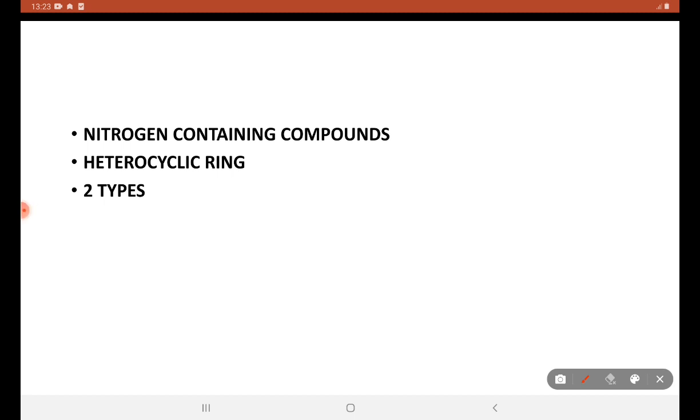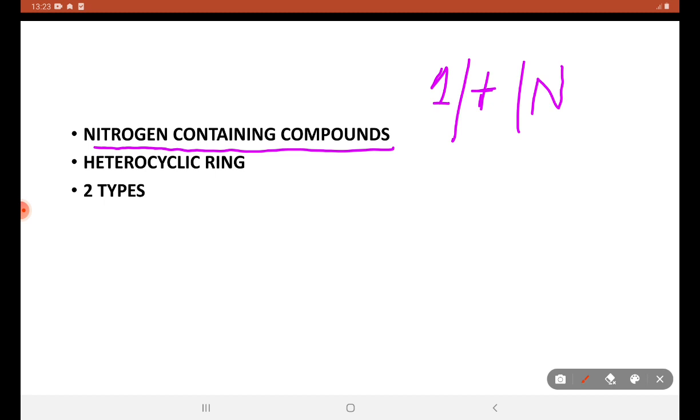Alkaloids are nitrogen containing compounds. They may have one or more than one nitrogen atoms in a compound. They are mostly heterocyclic in nature.